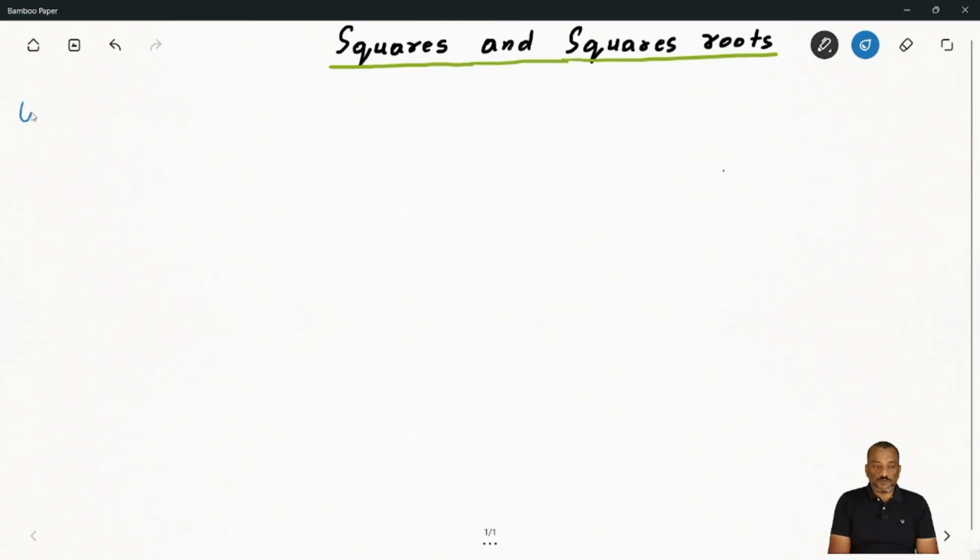Before understanding, I'm sharing my screen so we can see in detail what is a square first. First we will see understanding the squares. If a number is multiplied with itself, then that number is called a square, simple way.